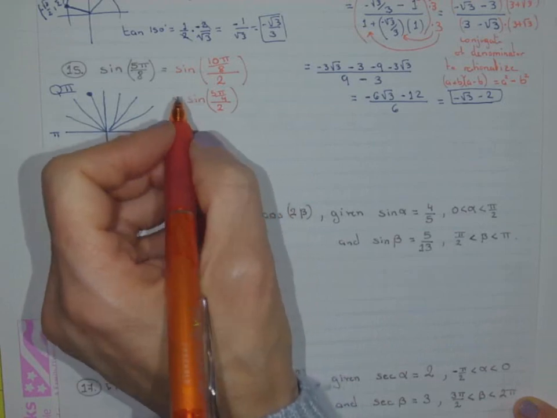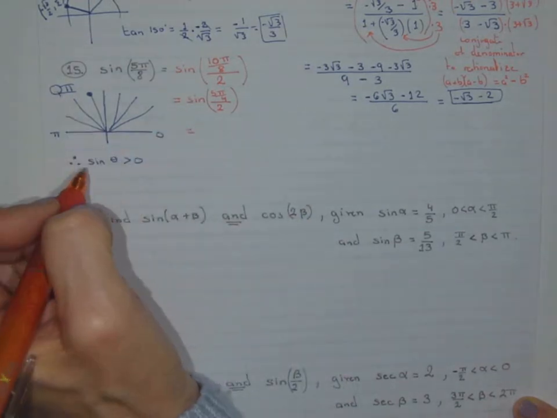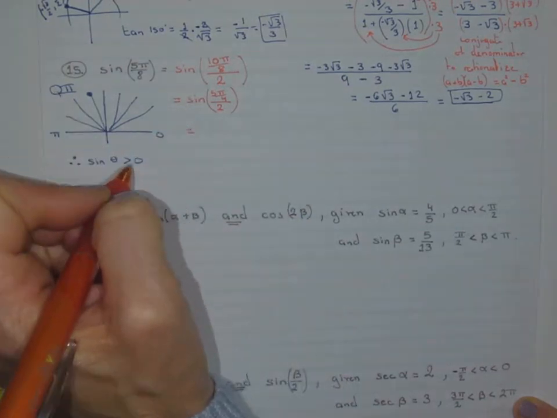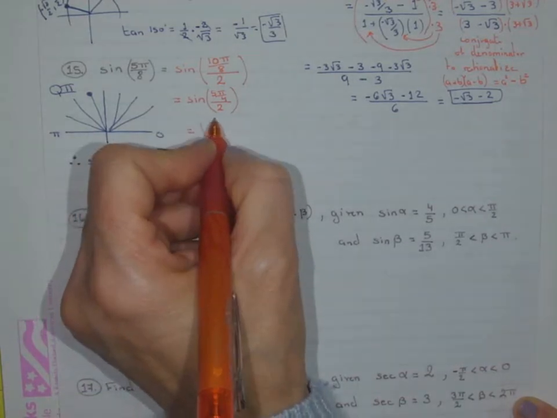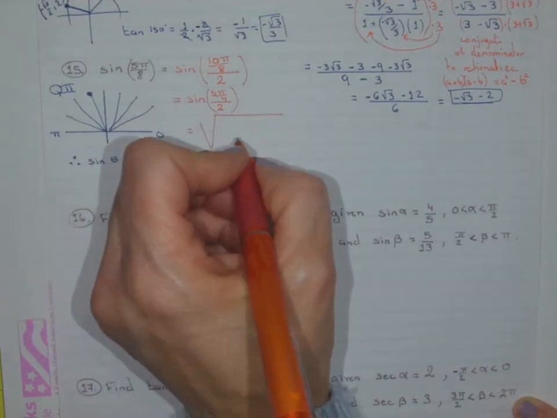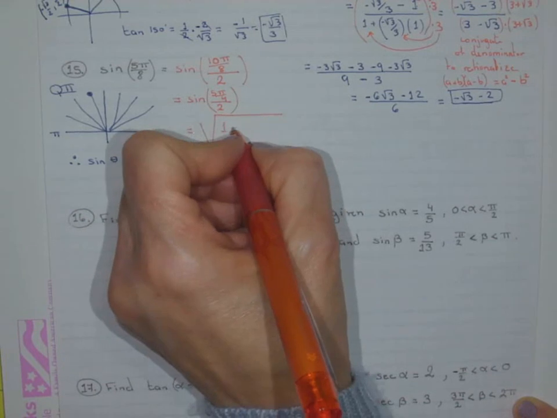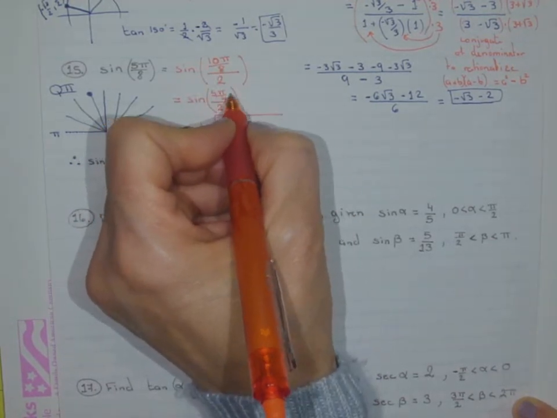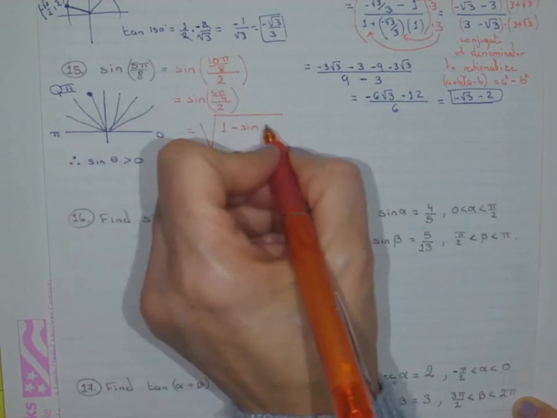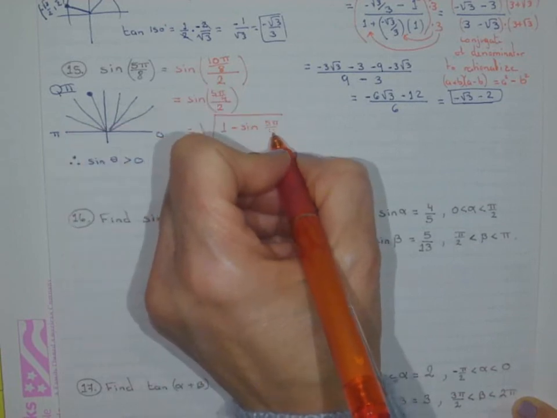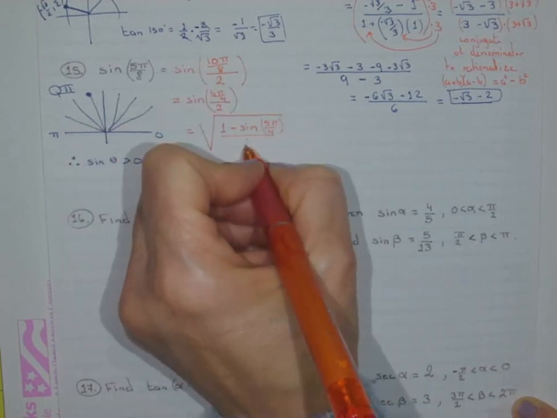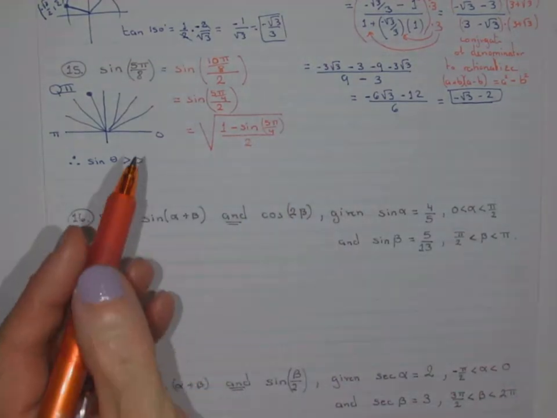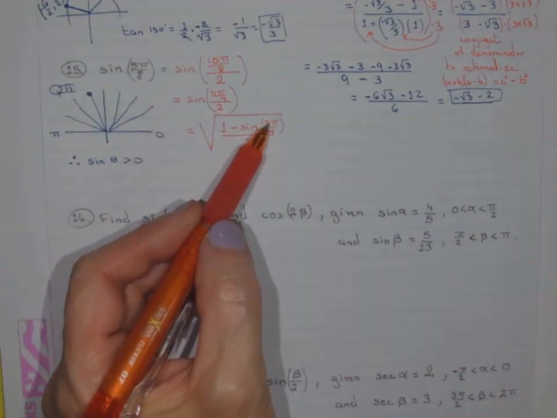And now let's put it in the formula. So yeah, I'm in quadrant 2, sine is going to be greater than 0, then I don't need the minus for my square root, it's just going to be a positive. And the sine has the subtraction here, sine of whatever it is we have above the half in the half angle, right? So that would be 5 pi over 4, and then all of that over 2. Okay, well, we like that because we do know what 5 pi over 4 is, right?